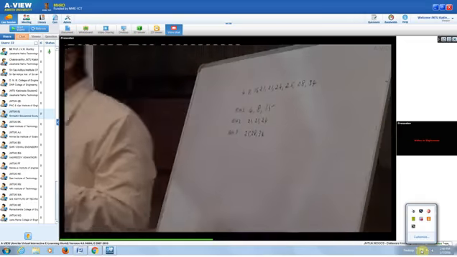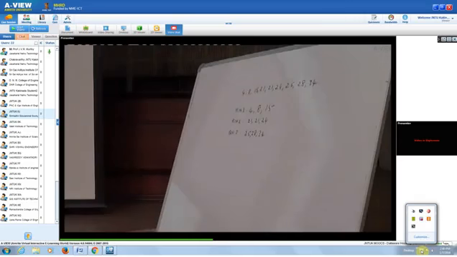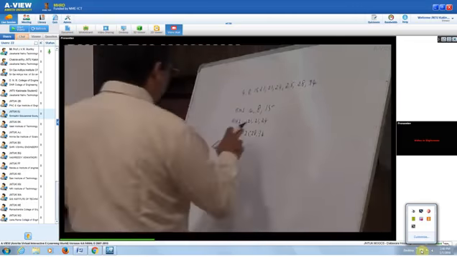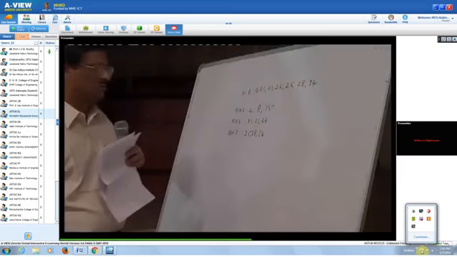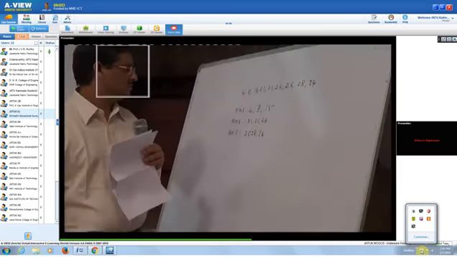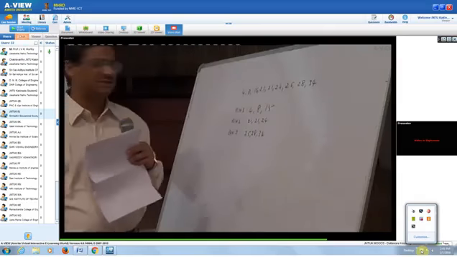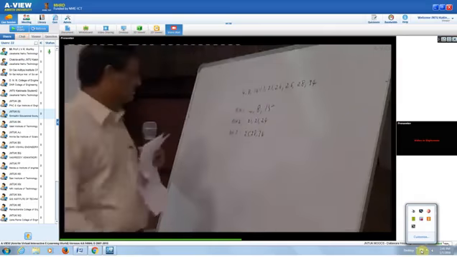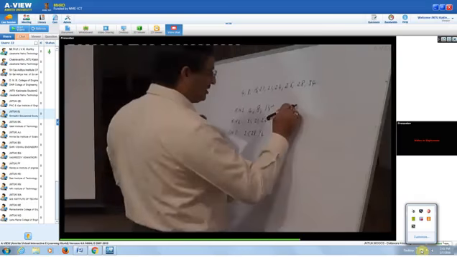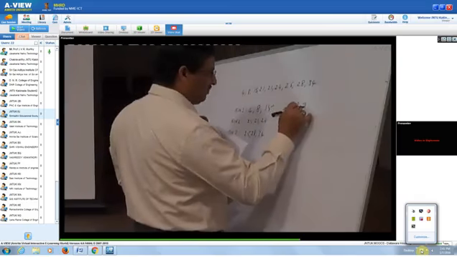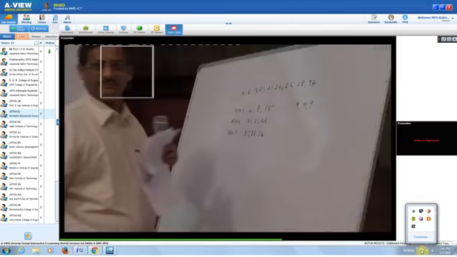Now, what do we do for this binning? Take the mean value, take the median value, or take the boundary value. If you consider the mean value, the mean of 4, 8, and 15 is 27 by 3, which is 9. So if you consider the mean value, the bin is 9, 9, 9.